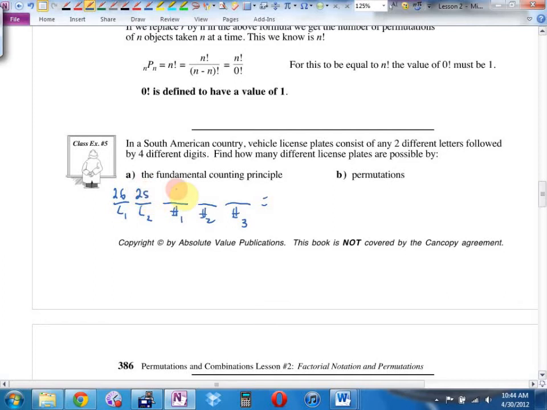And then how many choices do I have for the first digit? Then? Can you type that into your calculator? What do you get? Oh, 1 more digit? I'm sorry. What is 26 times 25 times 10 times 9 times 8 times 7?